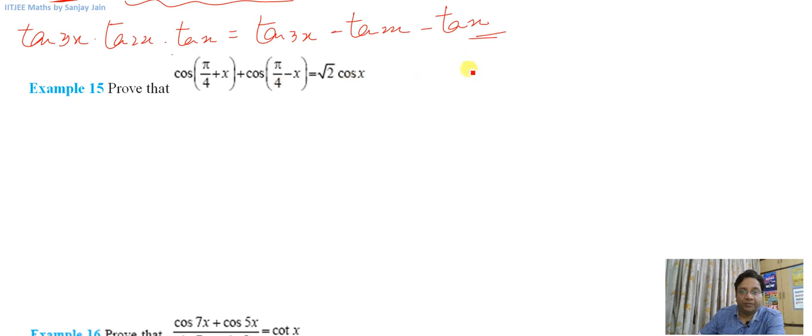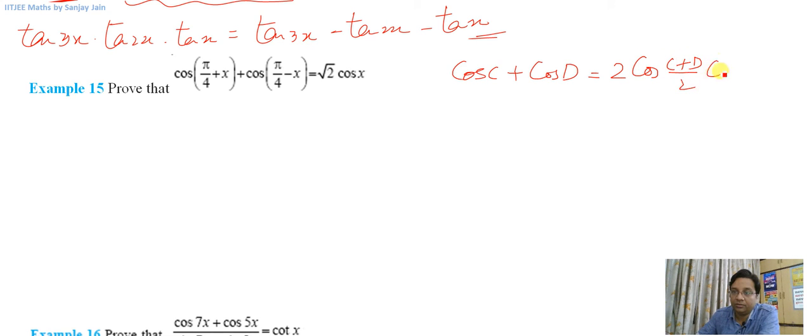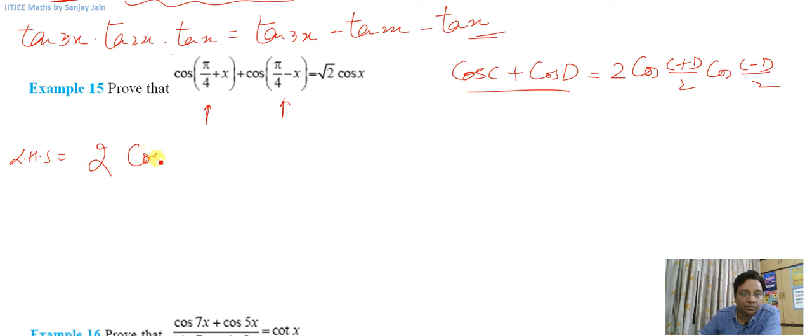Now remember, we have learned a formula for cos C plus cos D, right, which is equal to 2 cos of (C plus D) by 2 into cos of (C minus D) by 2, right? Now consider this as C and this as D and apply this formula here on the left hand side. So my left hand side of the given expression will be equal to 2 cos of (C plus D).